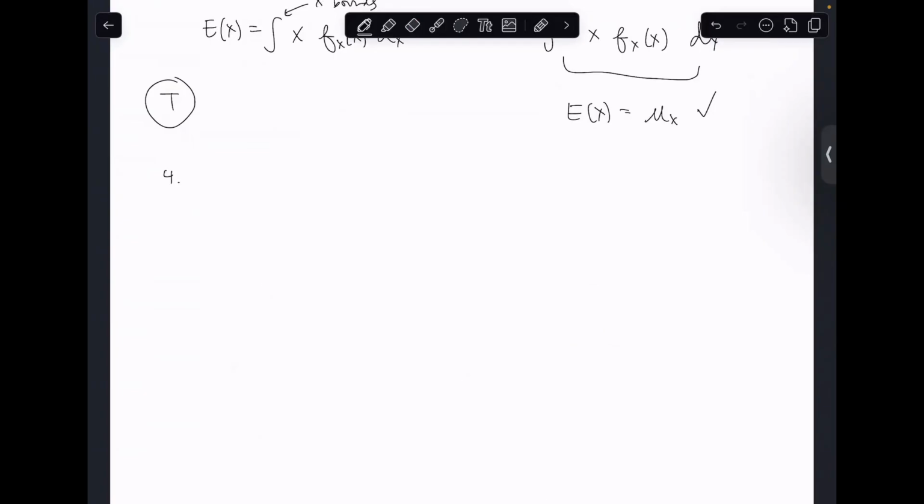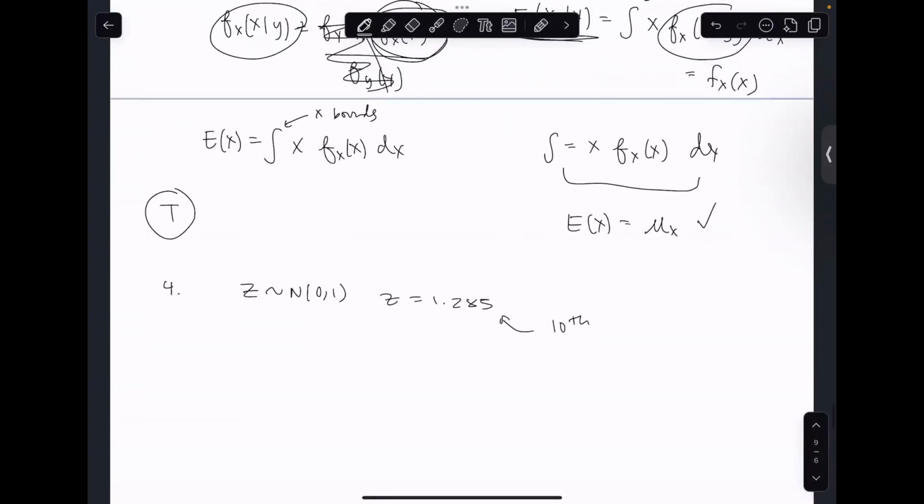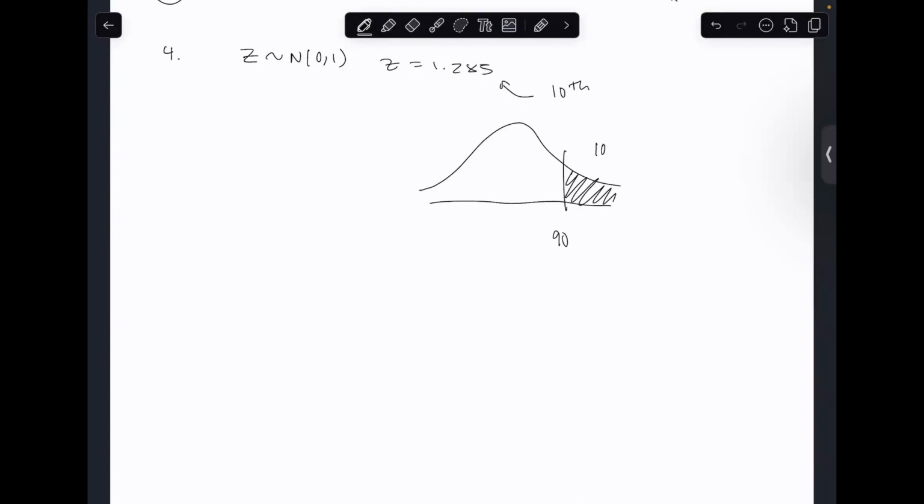And then 4, or D, it says if z is normally distributed and z is equal to 1.285, it's stating that this is the 10th percentile. Well, if we go to our handy dandy table that I deleted off of here, unfortunately, hopefully you can pull that up. We see that the 90th percentile, remember, is this, meaning that 10% is going to lie above.